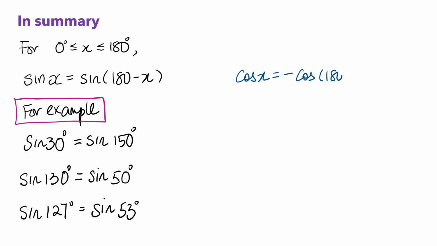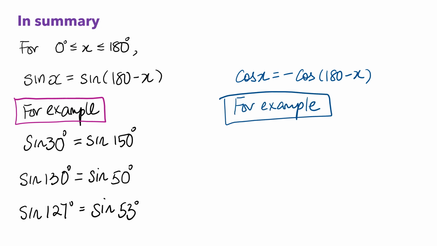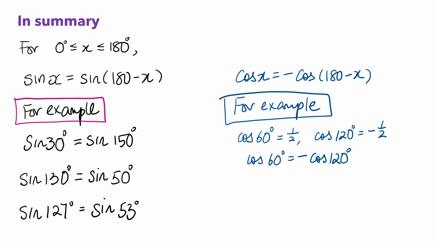So for cosine it is a different story. That means cosine x is equal to negative cosine of (180 minus x). So what does it mean? For example, the ratio for cosine 60 is half, right? However, the ratio for cosine 120 is negative half. So therefore, we are saying cosine 60 is equal to negative cosine 120.